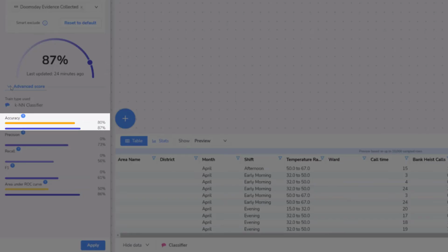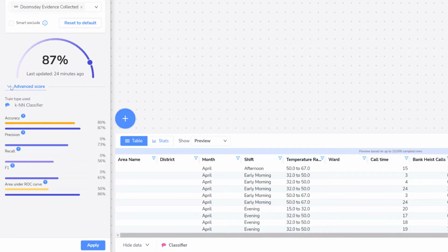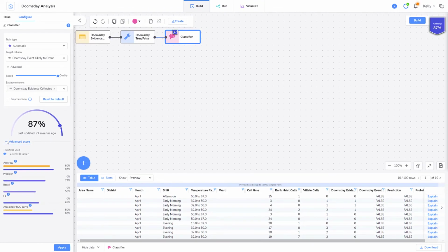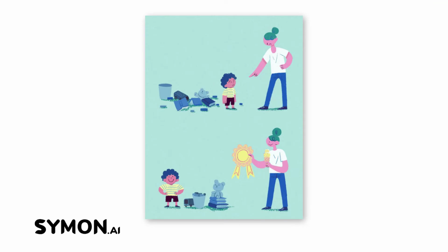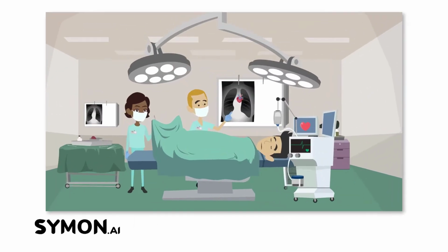The accuracy score is a score that ranges from 0 to 100%. The closer the score is to 100%, the more accurate the model is. A good or poor score is highly subjective and dependent on the problem you're trying to solve. For example, a score of 60% when predicting human behavior could be considered a good score. But the same score when predicting heart disease would be unacceptable.